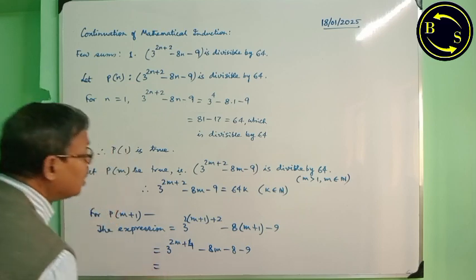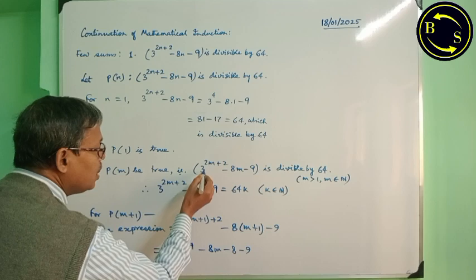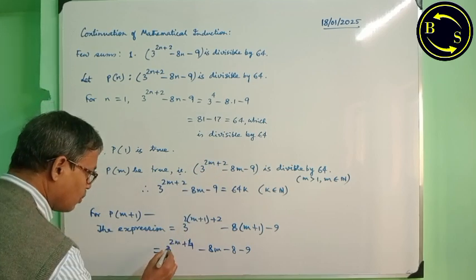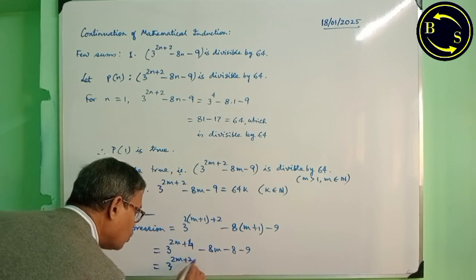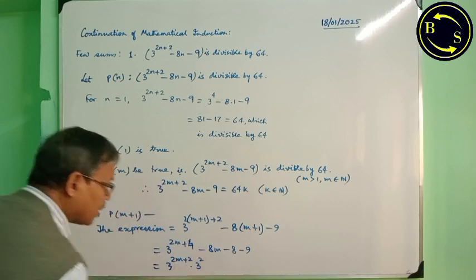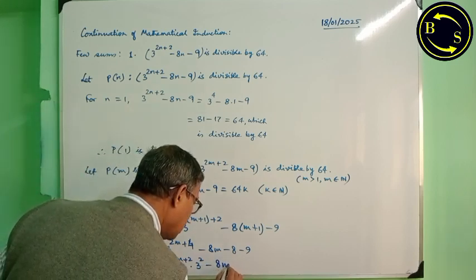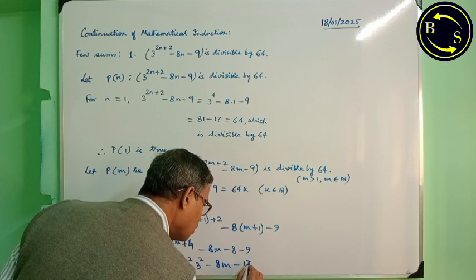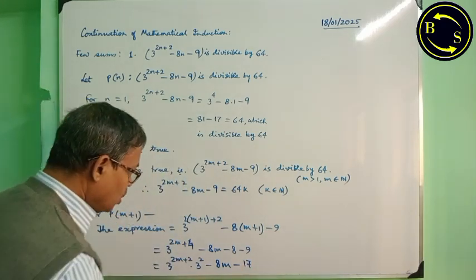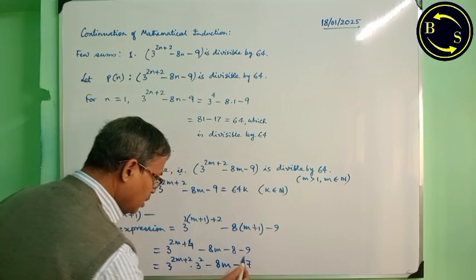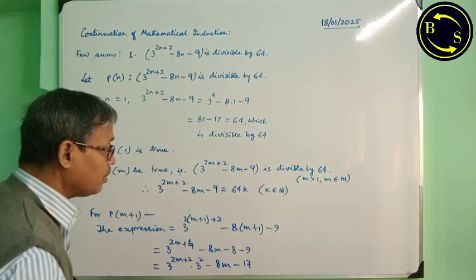Now 3 to the power 2m plus 2 is there, therefore I first write 3 to the power 2m plus 2 into 3 square, minus 8m minus 17. Now in the next step I shall write 17 as difference of 18 and 1.